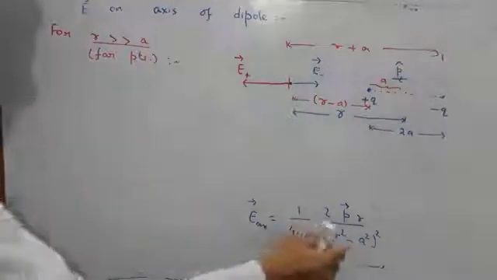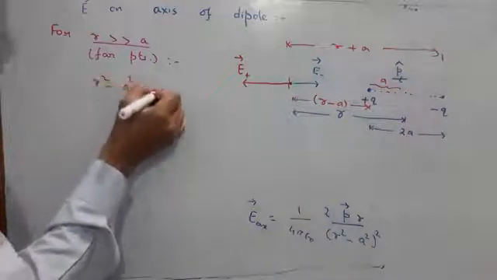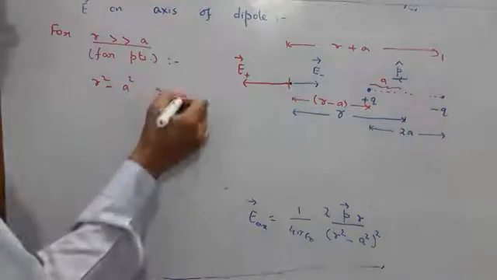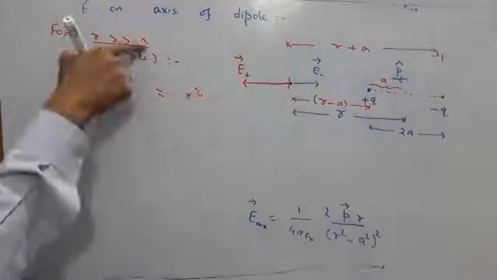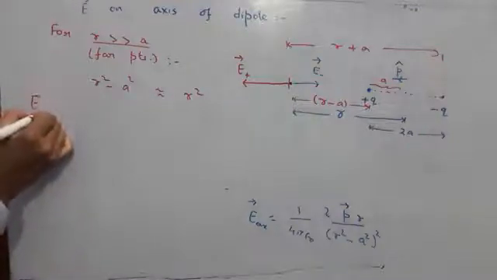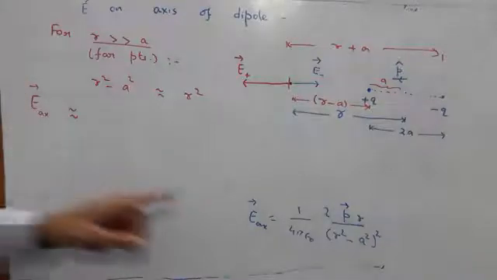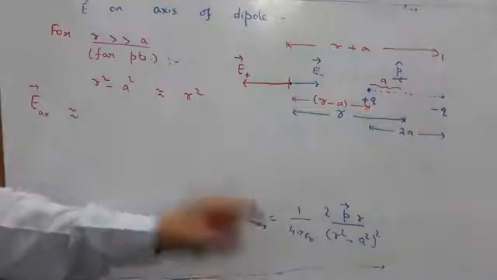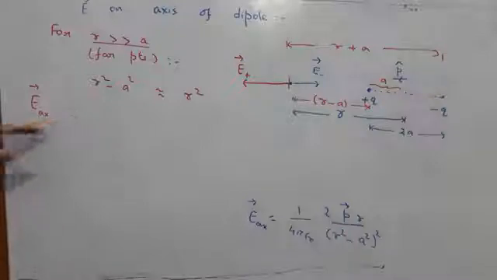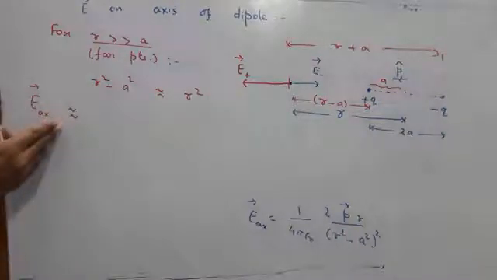In that case, in this denominator, that r square minus a square can be substituted by r square. Because a is very small, it can be neglected, and therefore E axial in this case will be nearly equal to, see, this is an exact relation, so I have put equal sign, but this is an approximate relation. The greater is the value of r compared to a, the better is the approximation.